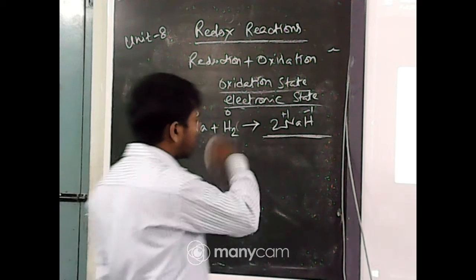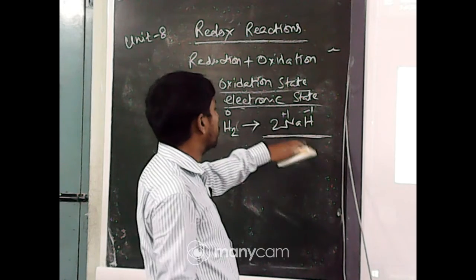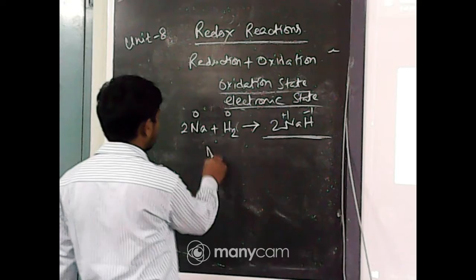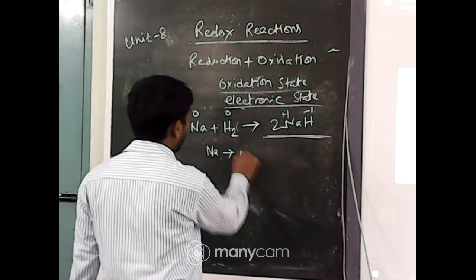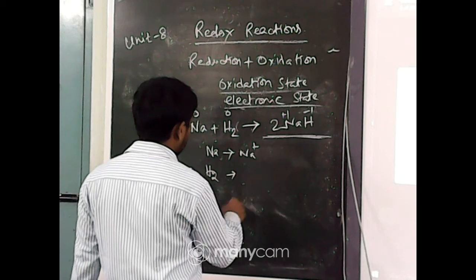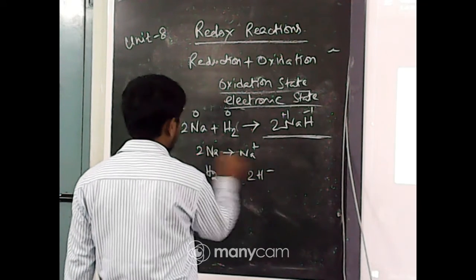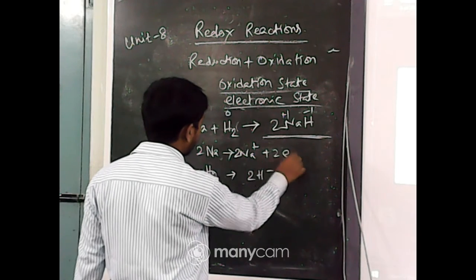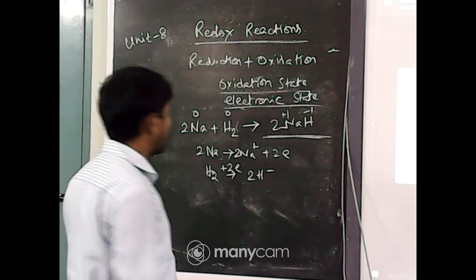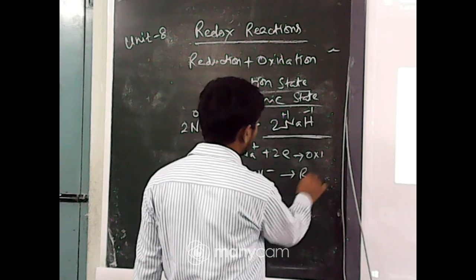Both are electropositive, but sodium is more electropositive than hydrogen, so it takes the plus charge. So what is the change here? 2Na forms 2Na plus plus 2 electrons, and H2 takes up the 2 electrons forming 2H minus. The first one is oxidation and the second is reduction.